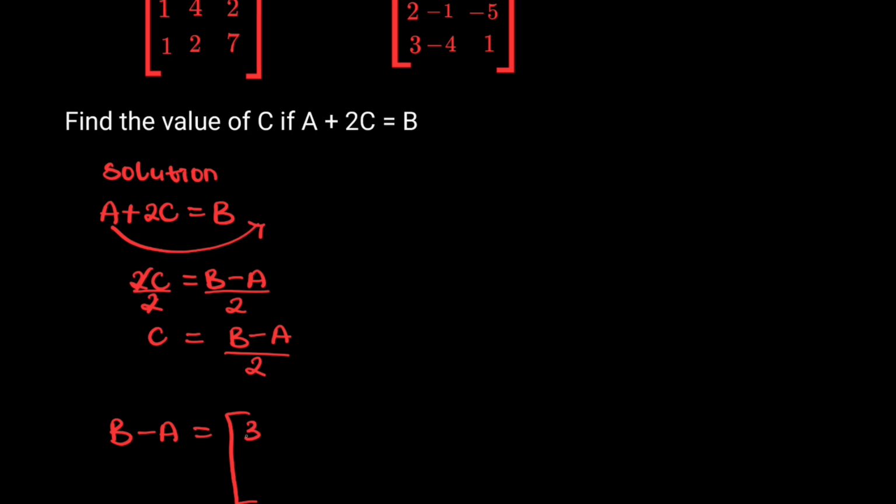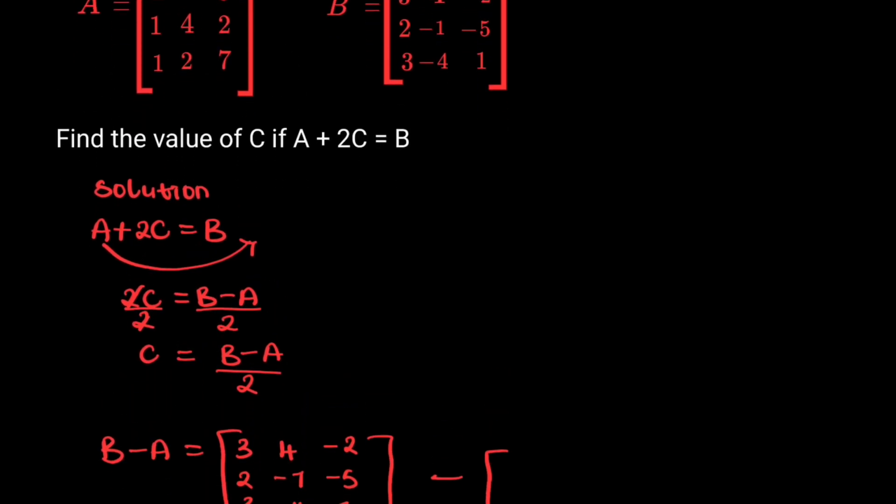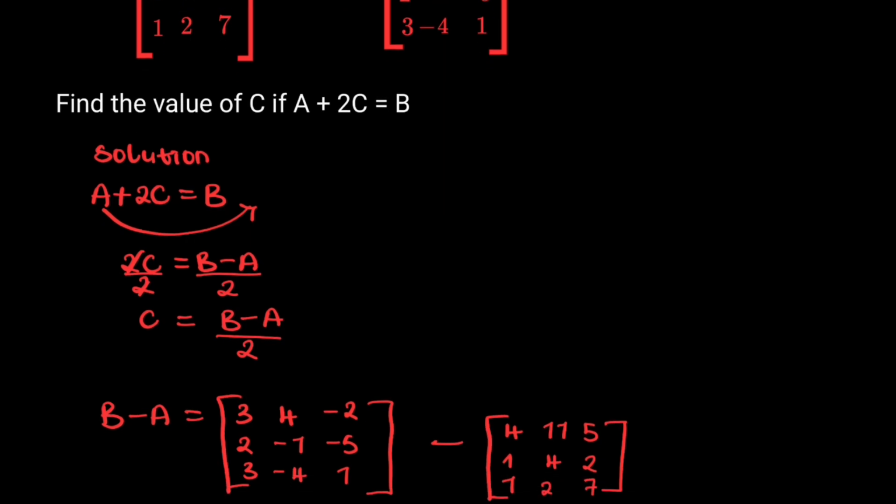B is 3, 4 minus 2, 2 minus 1 minus 5, 3 minus 4, 1, minus A. A is 4, 11, 5, 1, 4, 2, 1, 2, 7.